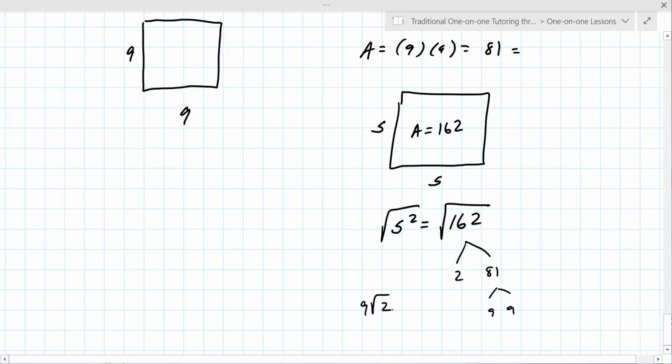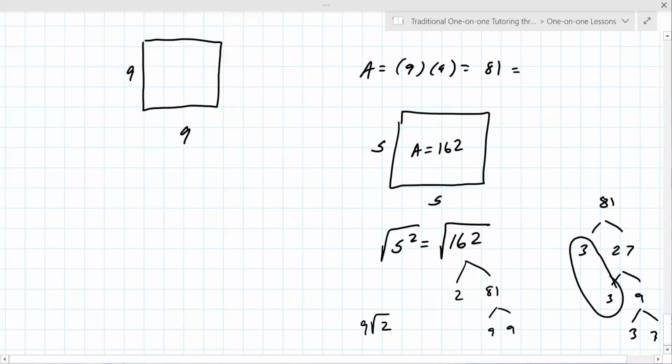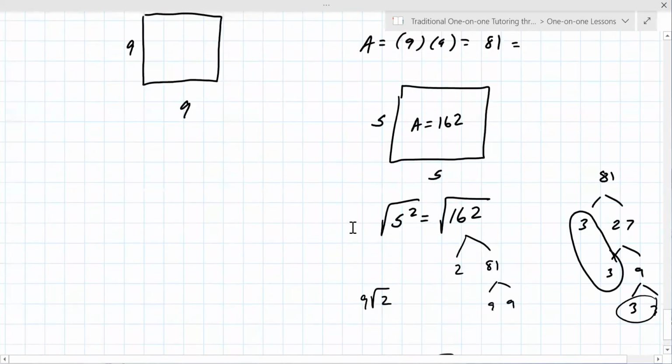I went down like 81 is 3 and 27, 3 and 9, and then 3 and 3, right? Yeah, so there's pairs and pairs. For each pair you bring one out. I forgot if you had to multiply or add them. So it's multiplication. Okay, yeah.